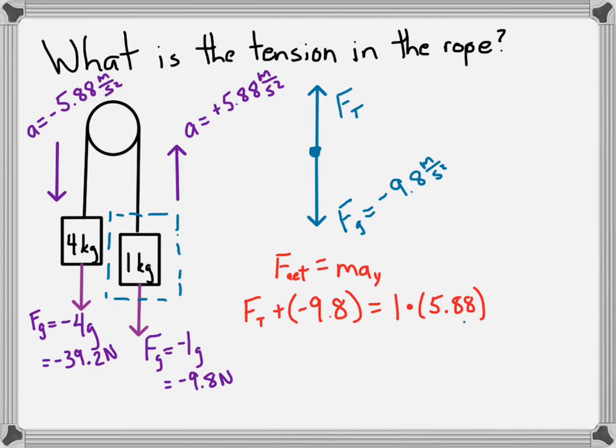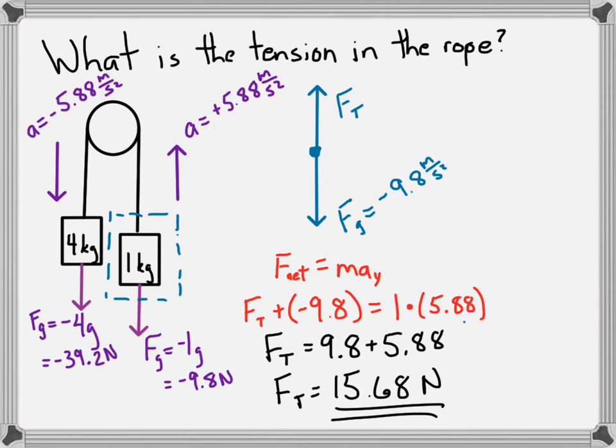What we also know is that it's accelerating up at a rate of 5.88 meters per square second. And that's why I filled that in here, because we found that out on the previous page. So now I have something that I can solve for tension force. Add 9.8 to both sides and add those two numbers together and you get 15.68 newtons. So that's how you'd find the tension in the rope as well.